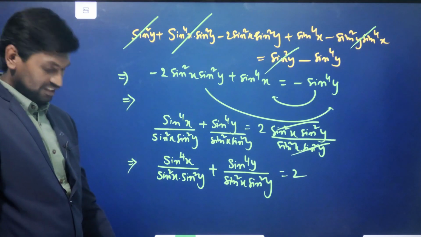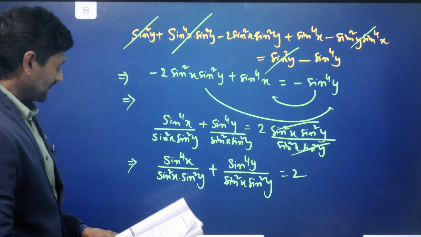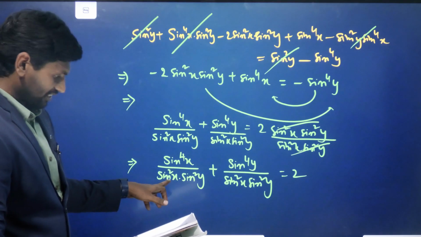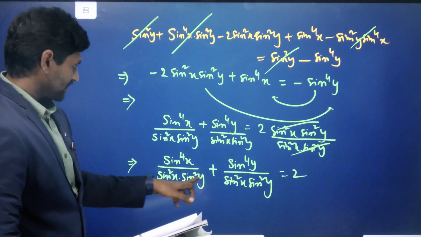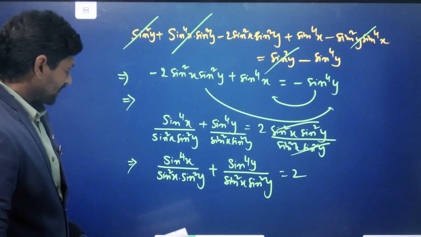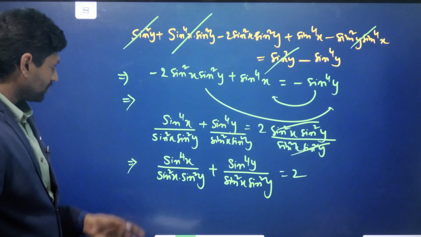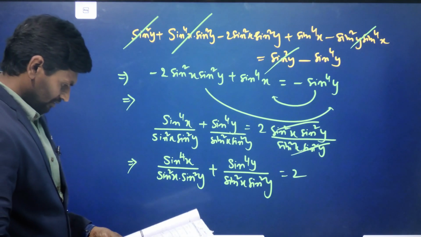But we should convert it into cos terms, right? So cos power 4y by cos square x, it must be sin power 4y by sin square x only. So in the denominator we can take sin square x by sin square y as a common term.